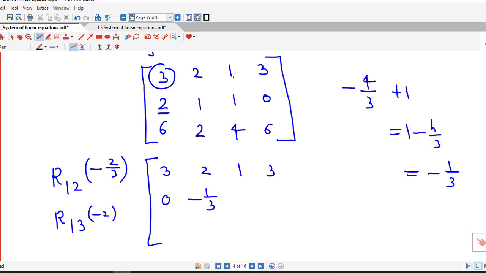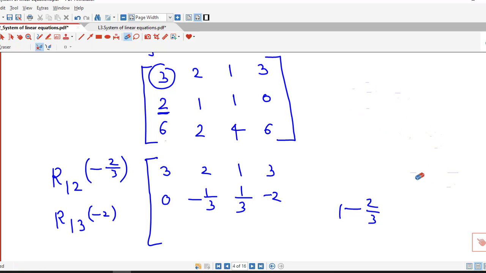Then 1 into -2 by 3, that is -2 by 3 plus 1. So it is 3 minus 2, which is 1 by 3. And 3 into minus 2 by 3, that is minus 2 plus 0, which is minus 2.